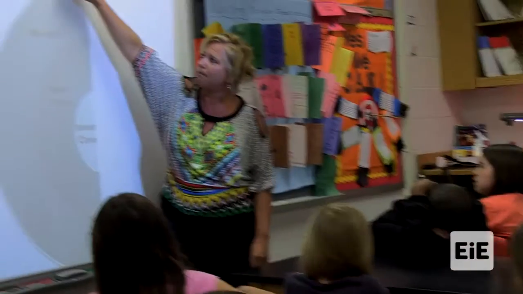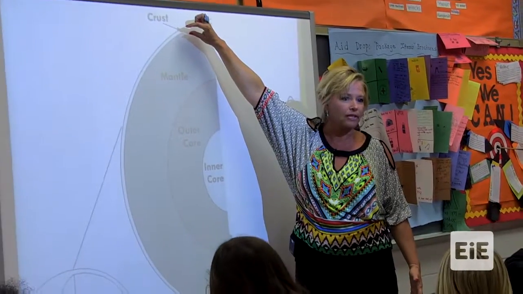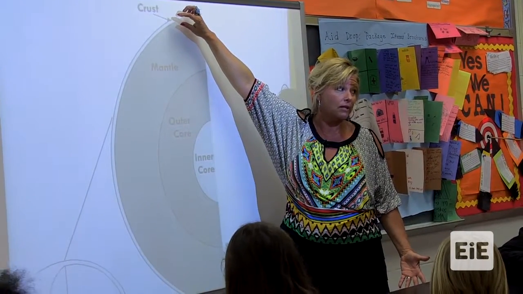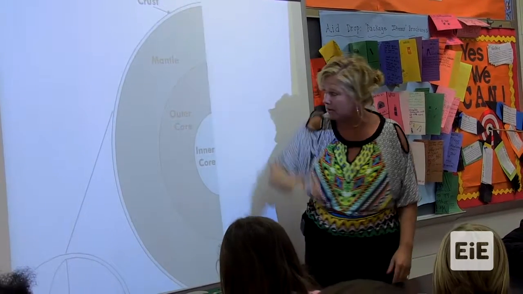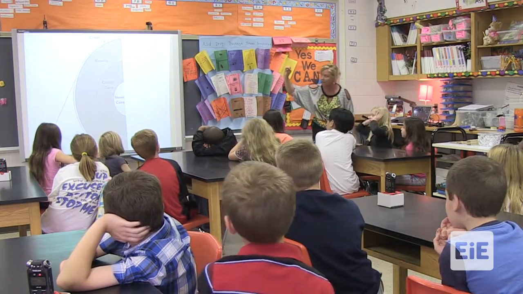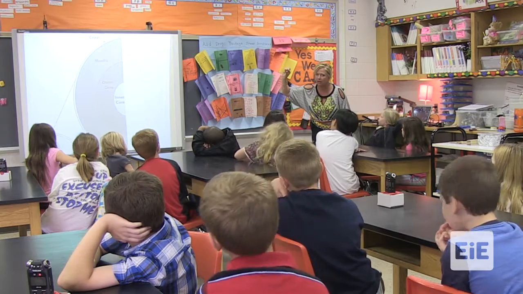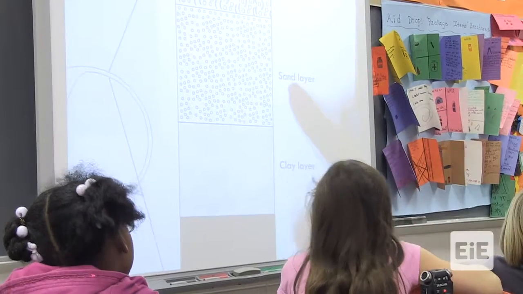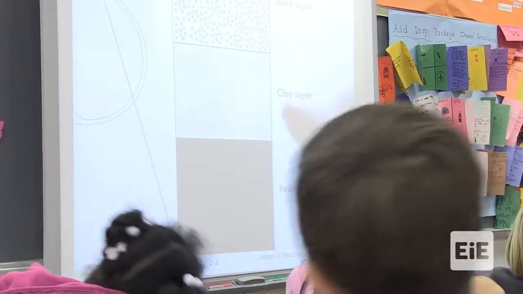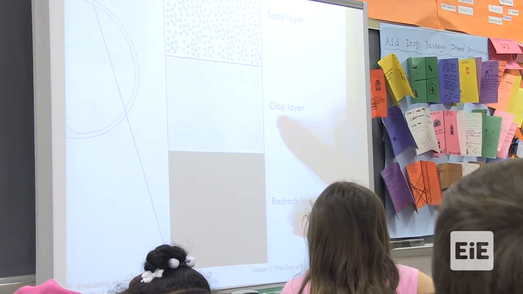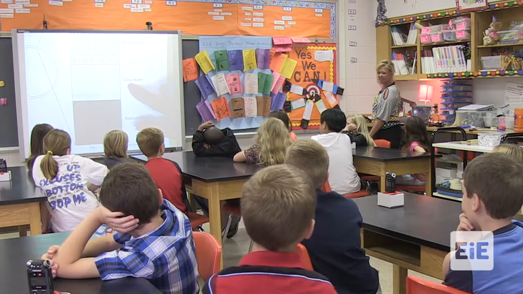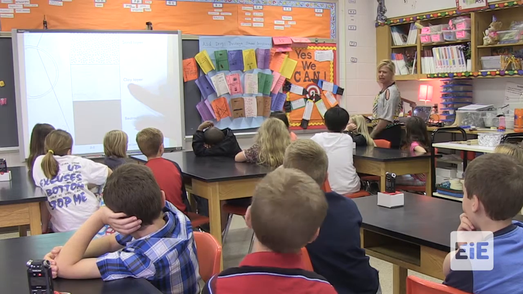So we're going to take a peek just at the crust of the earth, because that's what geotechnical engineers are the most concerned about. So we're concentrating just on what part today? The crust. All right. Now, some places in the earth, if you keep on digging, you're going to get down to a clay layer, which is like a thick, compacted mud.